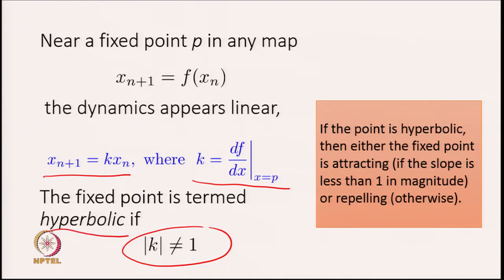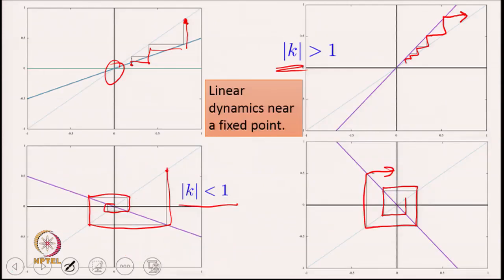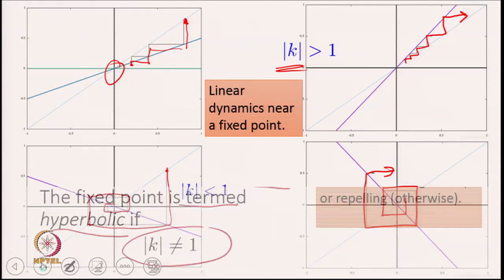And this is an important idea to have, because if the fixed point is hyperbolic, it is either attracting or repelling. If the slope is less than 1 in magnitude, it is going to be attracting, as we saw over here. If the slope is less than 1, you either just dive in, or spiral in. If the slope is bigger than 1, you zoom out or spiral outwards.